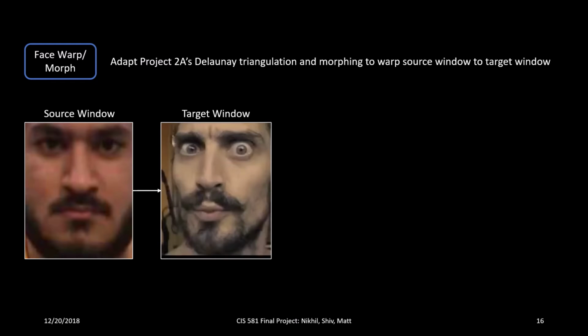So for this, we adapted what we'd written for Project 2A to actually perform the warping. So this is done on just the window around the faces that contains both faces. This way, we reduce runtime. So we take a look at both the source and the target window.